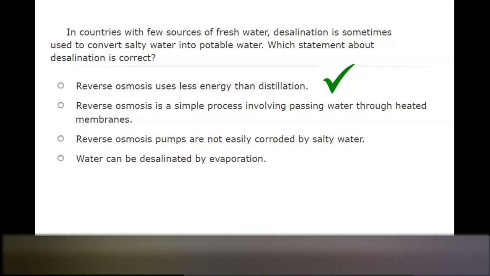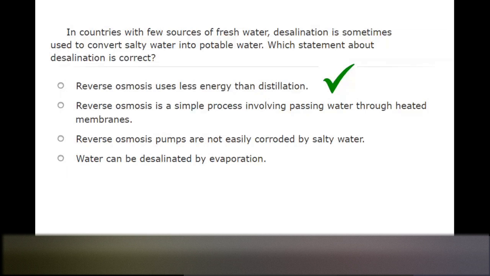Okay, so the answer is the first one. Reverse osmosis uses less energy than distillation. And the reason for that is the fact that we do not have to use any heating during reverse osmosis. So that brings down the energy costs, etc.